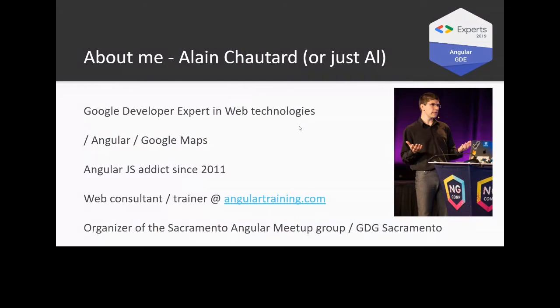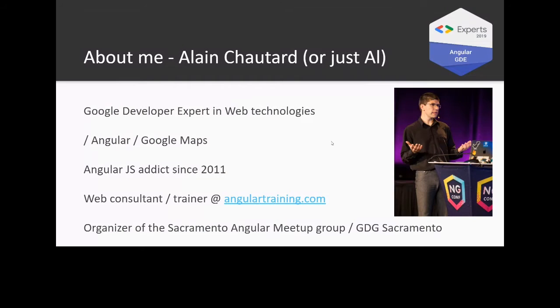These days, I have my company, Angular Training, where I do web consulting and technical training. On top of that, I'm the organizer of the Sacramento Angular meetup group and the Google Developer Group Sacramento, which is what you are attending right now.